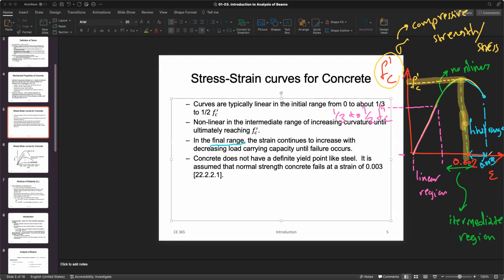And at 0.003, the concrete would totally fail, just collapse. It's going to crush all the way. Crush is a good word for concrete.